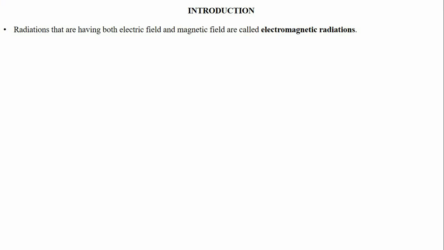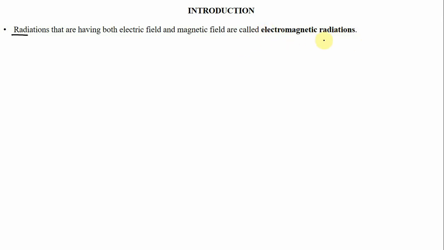Okay, first of all, since we are dealing with black body radiation, it is very important to know what radiations are. The word radiations is basically a name for electromagnetic radiations.